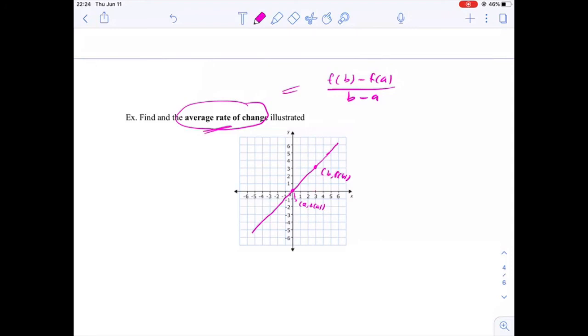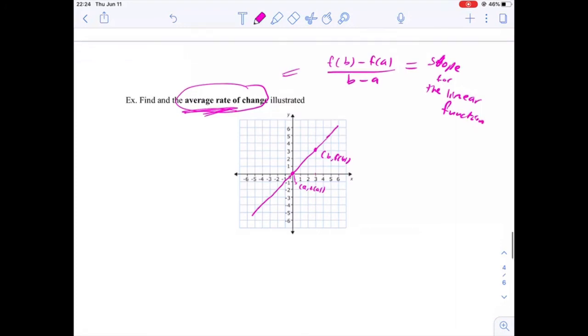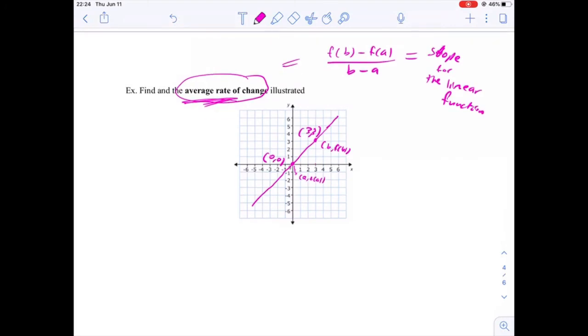So if we have 2 points, we can apply this formula to give us the average rate of change. This is the average rate of change, and it's also equal to the slope for a linear function. For example, those 2 points are (0, 0) and (3, 3).